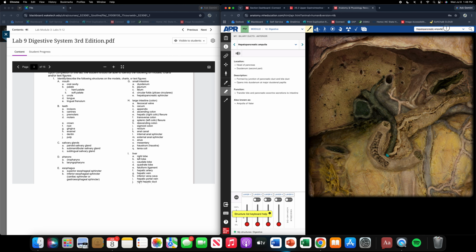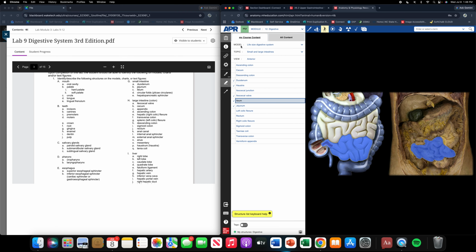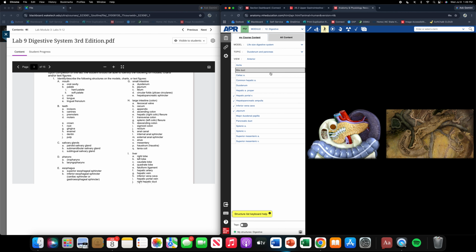That's the ampulla. What can be tricky is that some of these have multiple names and I have to remember what that other name is. So instead of doing that, I can find it. It's going to let me see the ampulla.